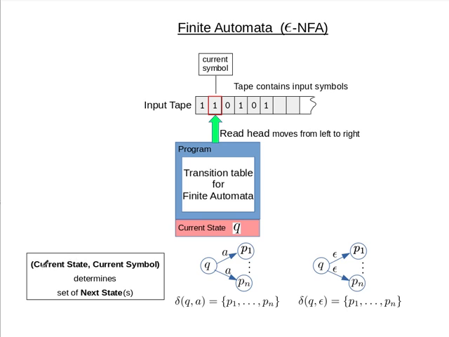So depending on the current state and the current symbol, you determine the next state. But if we allow non-determinism, it is not just a single state, it can be a set of next states. In that case, on the same current state and the same input symbol, you can switch to multiple next states. So that was the non-deterministic finite automata.